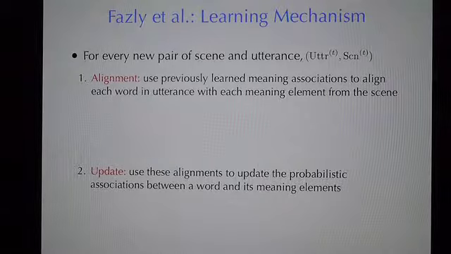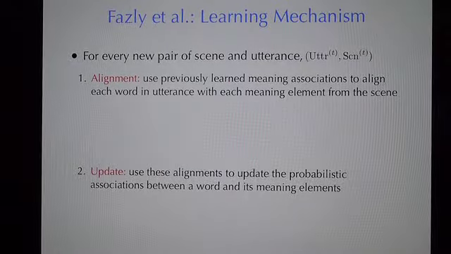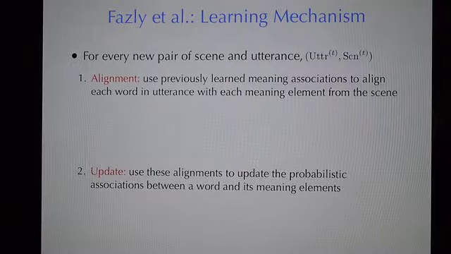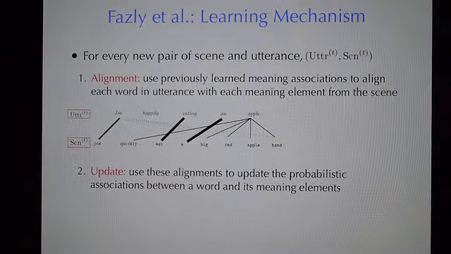It actually uses a 2-step learning mechanism, which is very simple. So at each step, it receives a pair of a scene and an utterance. And then the first thing it does, it tries to align words in the sentence with meaning components in the scene.